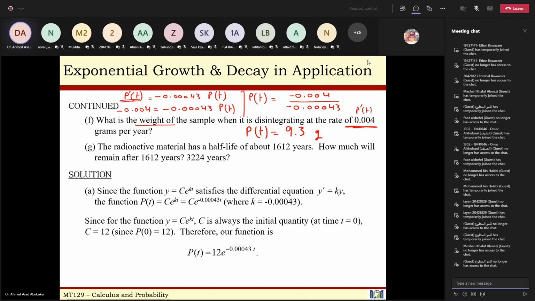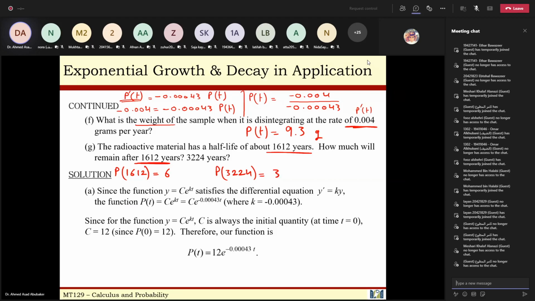The last exercise: the radioactive material has a half-life of 1612 years. How much remains of the radium after this period? We can substitute 1612 in B of t, or directly, since the half-life is 1612, we have 12 gram, so the half-life equals 6, and B of 3224, which is half of the half, is directly 3.